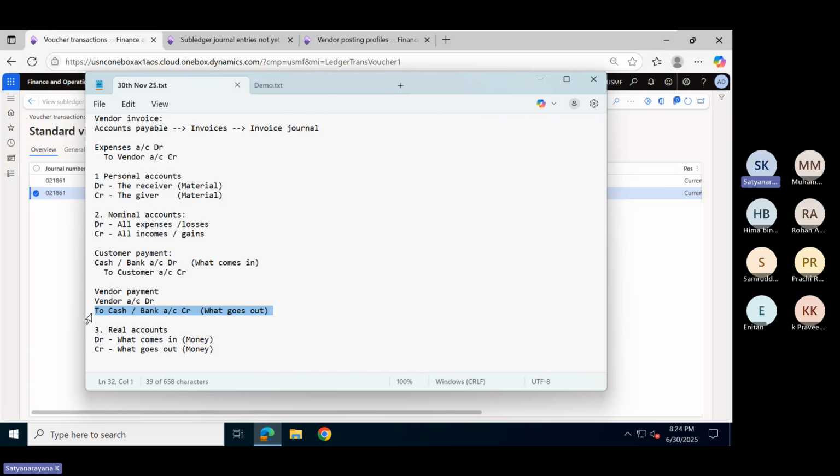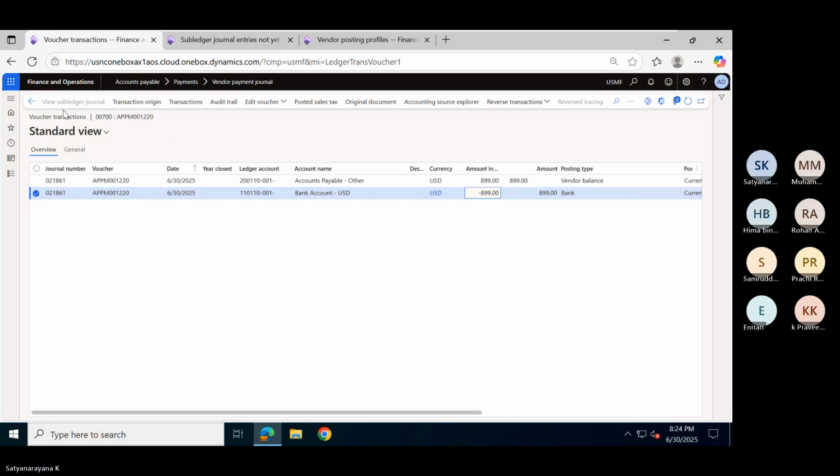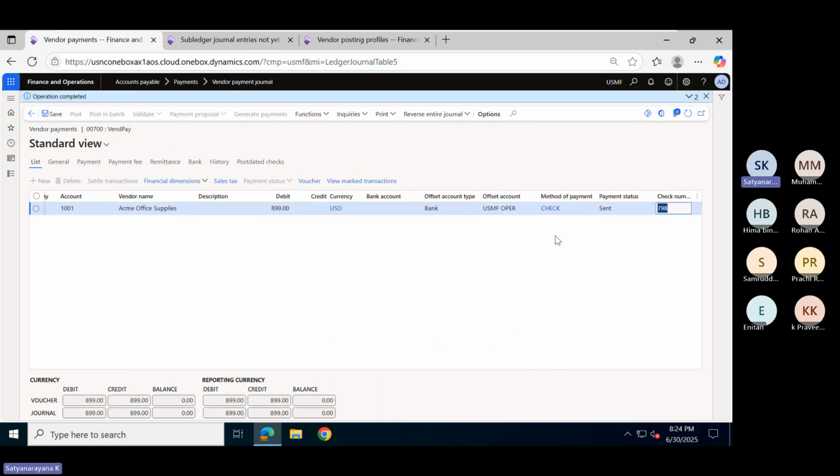If you are giving a check, your bank balance will decrease. That is the reason: vendor account debit, cash or bank account credit. Tomorrow we are going to understand method of payment check.